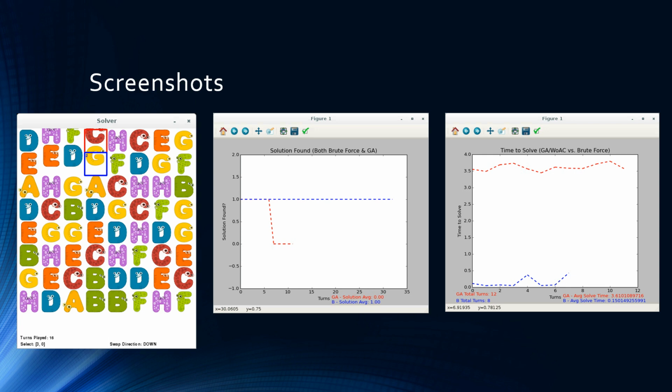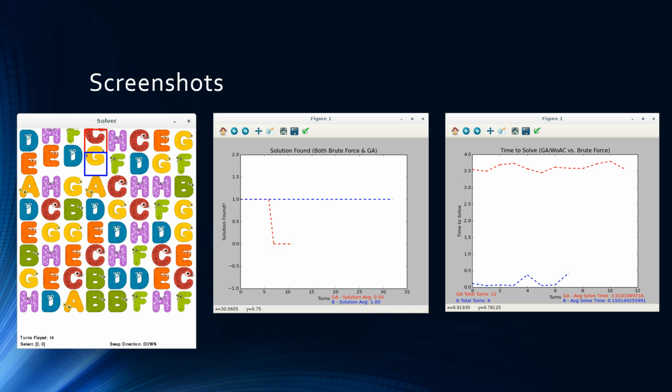And then the last picture there is the time to solve. This was very representative of the amount of time it took to solve. The brute force algorithm does not have to determine the fitness of the move, it just sees a move, and if it's legal, it takes it, and that's it. So in this case, it takes much less time. It took an average of 0.15 seconds per move, with a little spike there whenever it's a little more difficult and there are fewer moves to make.